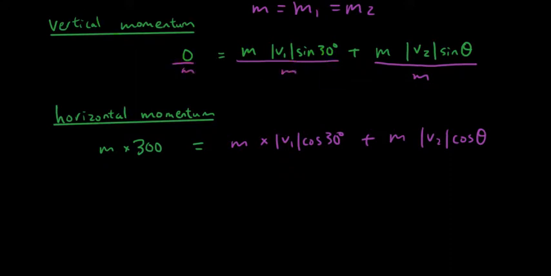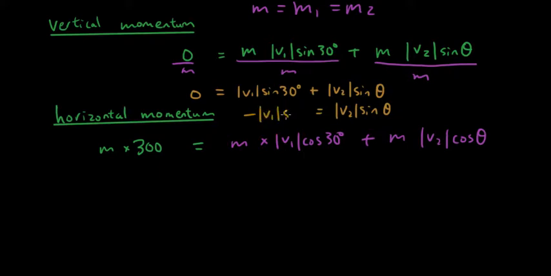So then I will get 0 equals V1 sine theta plus V2 sine theta. V1 sine 30 plus V2 sine 30. If I rearrange this even more, I will get V2 sine theta is equal to negative V1 sine 30. Right, because I'm moving this term to the left hand side.